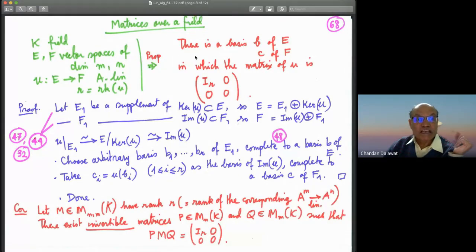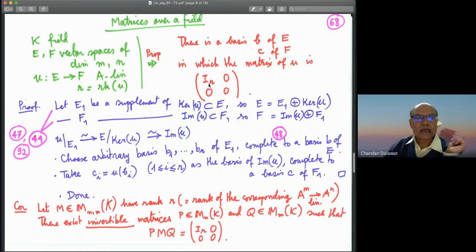So the proposition says that I can find bases B and C of E and F such that the matrix of this linear map U looks like this: IR, 0, 0, 0, where IR is the unit matrix of size R. It's the square matrix of size R with ones along the diagonal and zeros outside the diagonal.